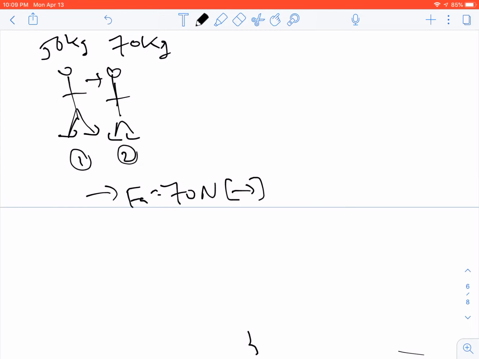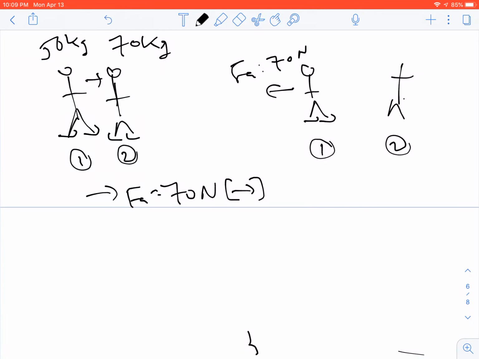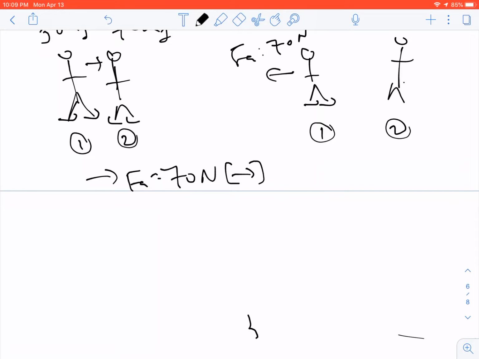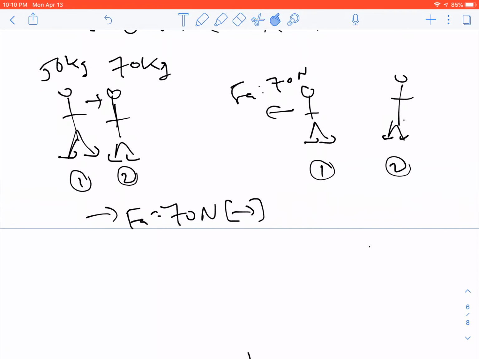So if I was to draw a free body diagram for person number one, this is person number one, they're going to have an applied force of 70 newtons. If I was to draw a free body diagram for person number two, having a mass of 70 kilograms, person number two is also going to experience a force of 70 newtons this way.